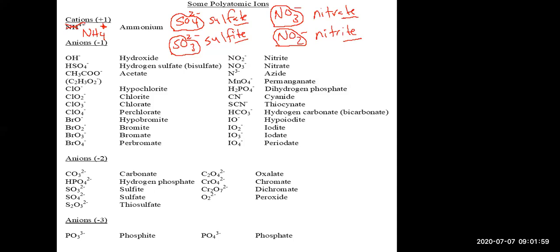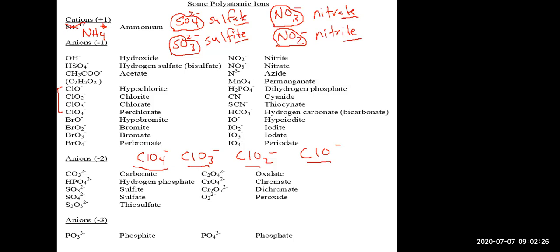There are also groups of 4 that are related to each other, and this is the most common group of 4 right about here. And that is ClO4-, ClO3-, ClO2-, and ClO-. And they all have a -1 charge. The only difference in all of these is the number of oxygens.